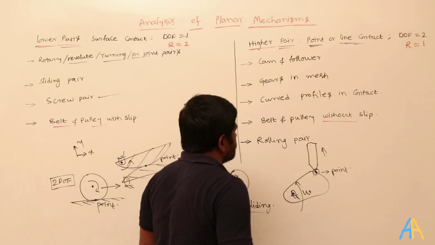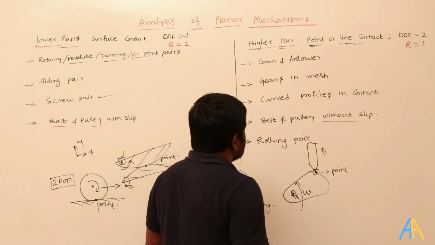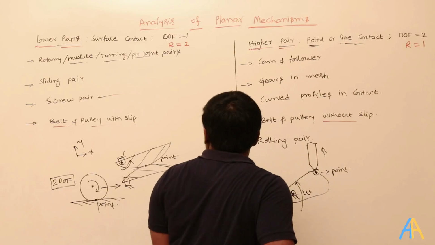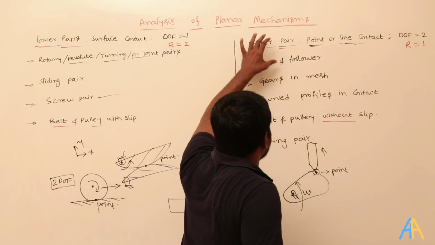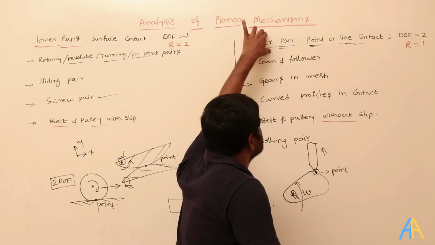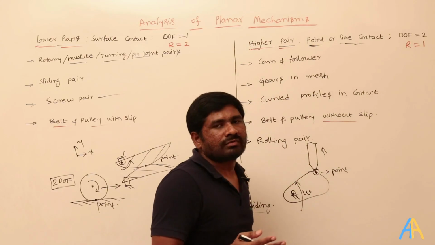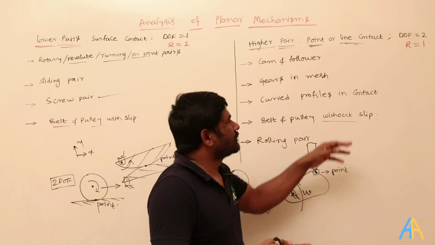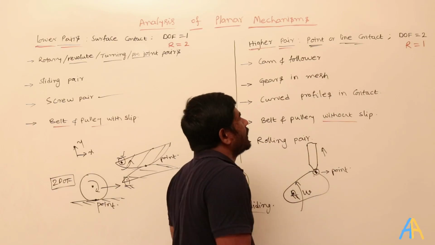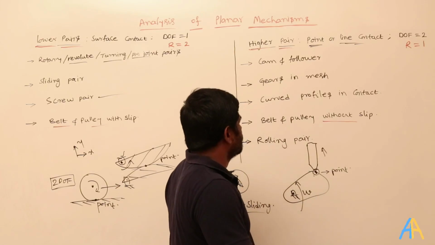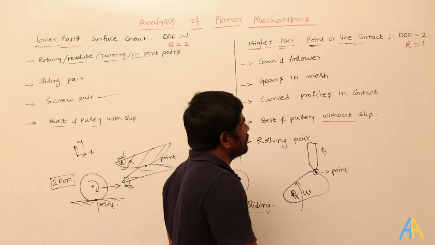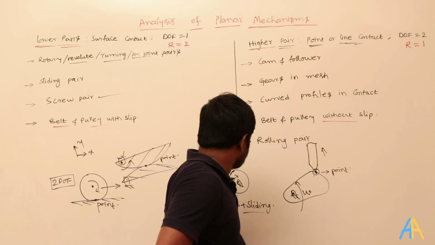And in the same way, whenever you identify the higher pair, then without knowing whether really 2 degrees of freedom are possible there or not, you can remember that 2 degrees of freedom is acting there. And belt and pulley without slip is also considered under the higher pair.